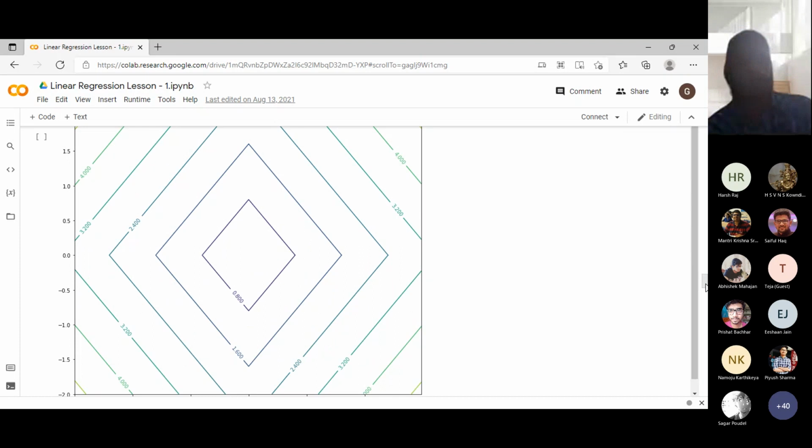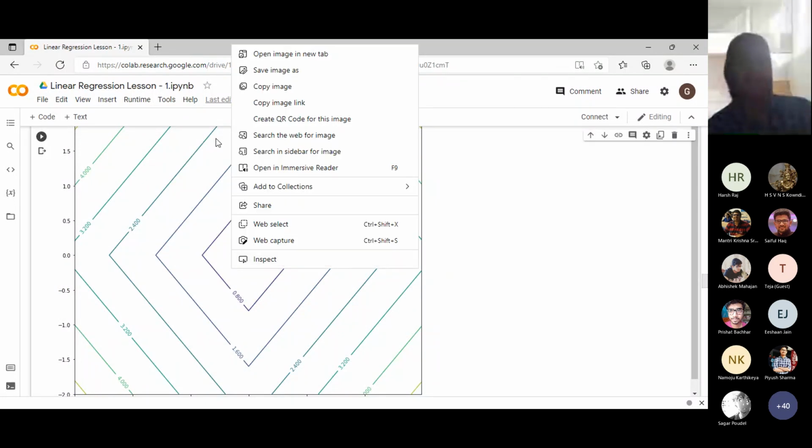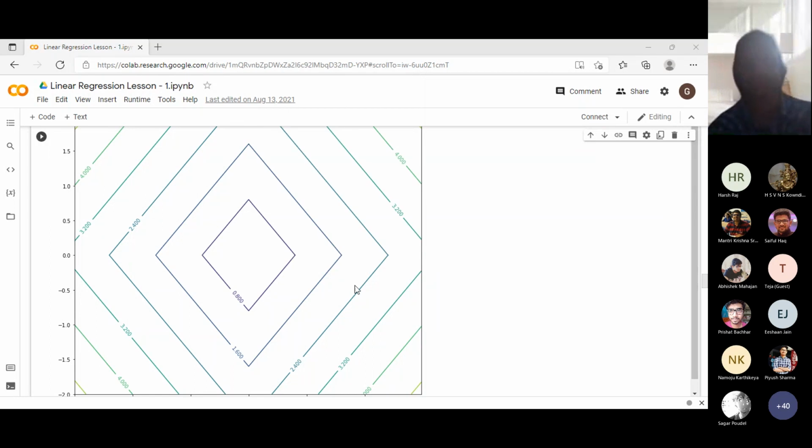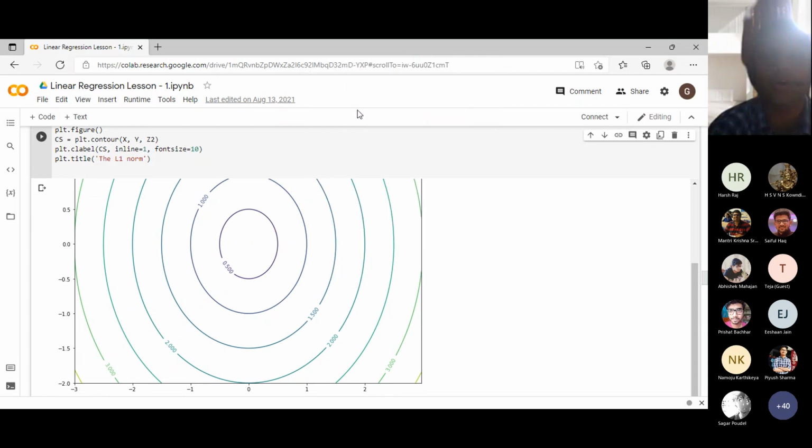Whereas if you look at the L1 norm, this is exactly how they will look like. They look like kites, concentric kites, in contrast to these concentric circles or ellipsoids.